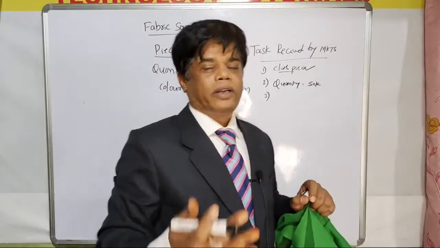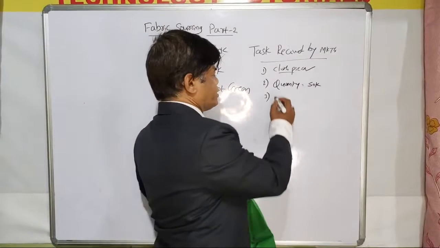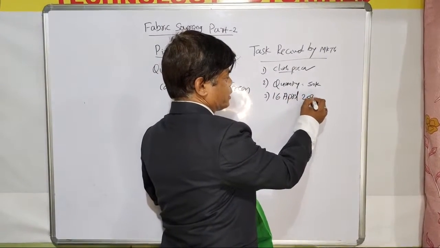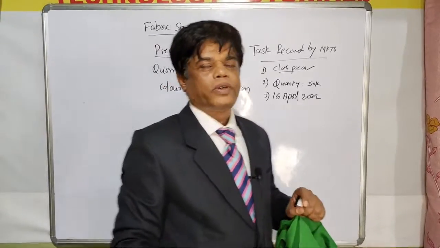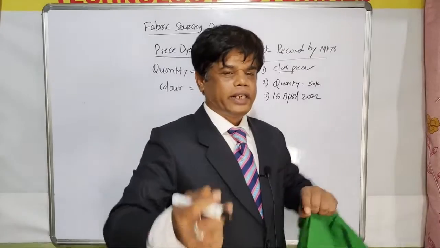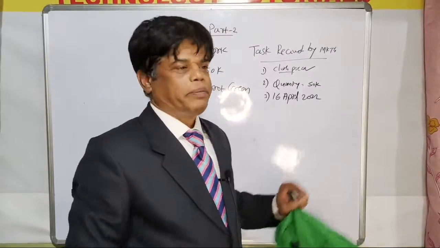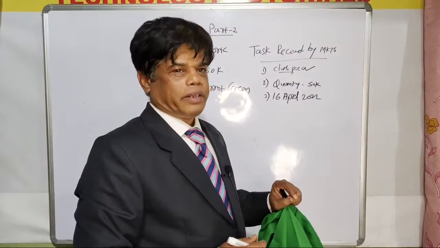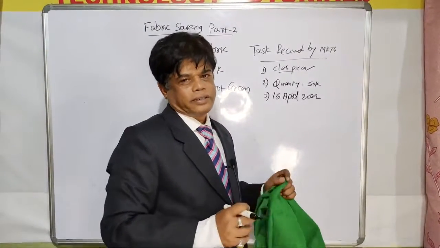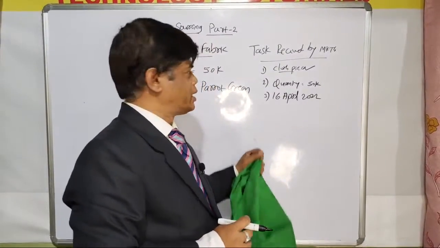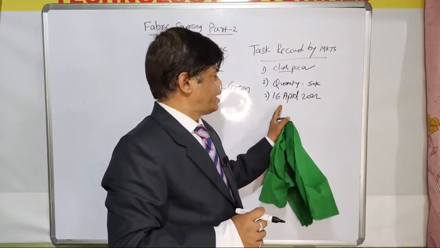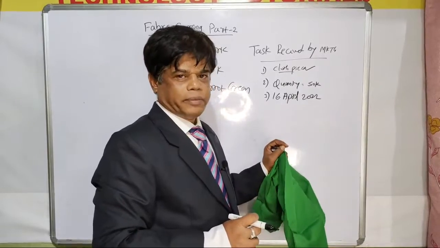Today I received the order from the marketing department, today is 16th April 2022, in the afternoon. Our head received it and gave it to me. I am the fabric person, and I received the task order on 16th April.